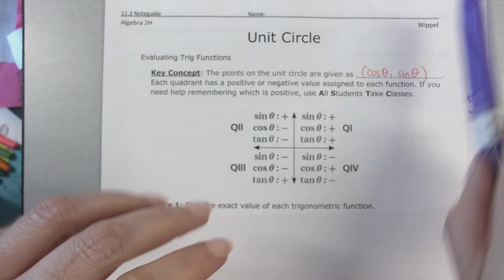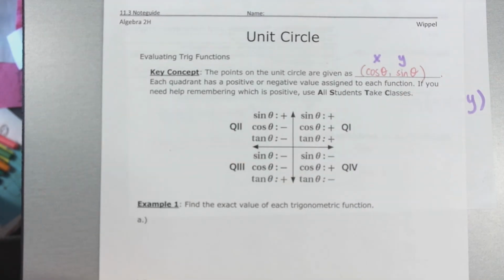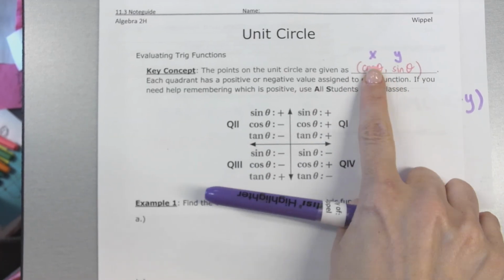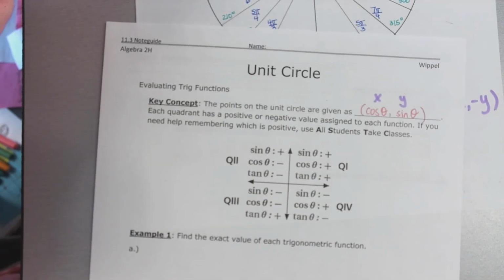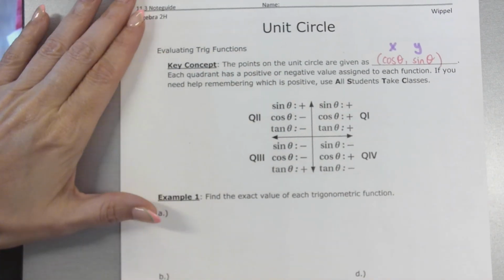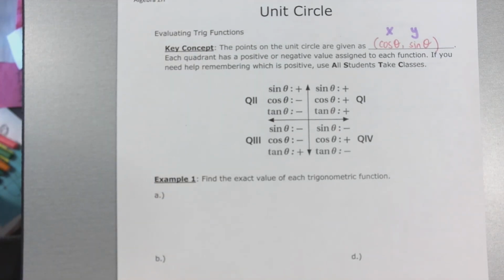And then we know that each quadrant has a positive or negative value assigned to them. So each point, the x and the y, relates to your cosine and your sine. Okay, and then each quadrant is going to have a positive or a negative value assigned to each function.